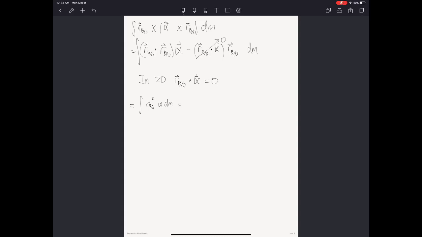Alpha is constant in the object. There's only one alpha, so I'm going to pull it out of the integral. I'm going to keep that vector symbol on it. Alpha times the integral of R_b with respect to O squared over the mass.